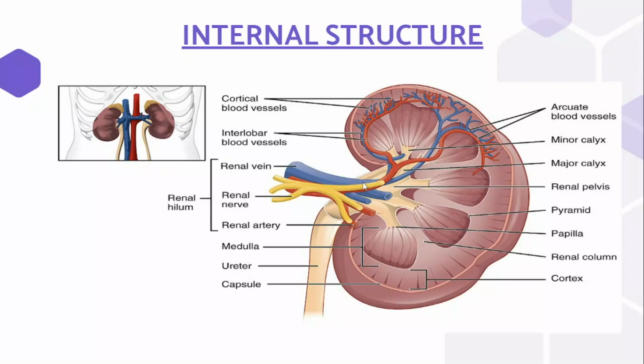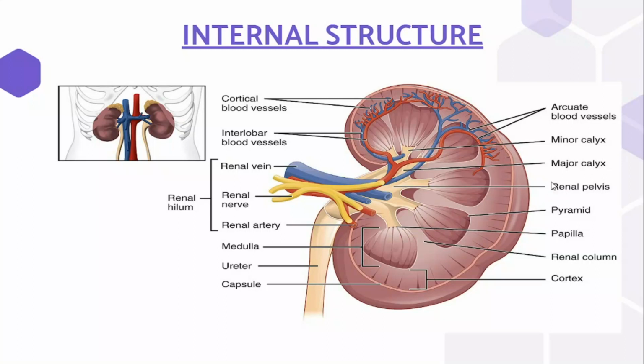This is the exit or entry point, called the renal hilum, right? Here the renal vein, renal nerve and renal arteries exit or enter. Then the renal hilum continues into the renal pelvis.